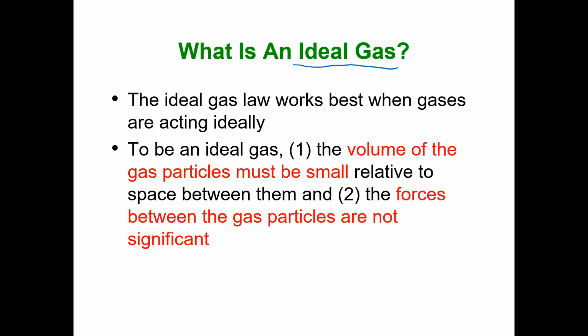We learned that in kinetic molecular theory, that was one of the reasons why gases are compressible. The forces between the gas particles are not significant. We also learned in kinetic molecular theory that the gases collide with themselves and the walls of the container in what's referred to as elastic collisions, where there is no loss of energy.